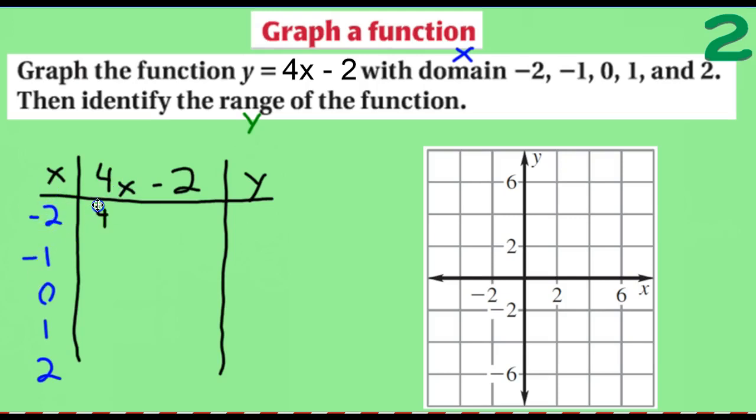So it'll be 4 times a -2 minus 2. 4 times a -2 is -8, minus 2 gives us a -10.